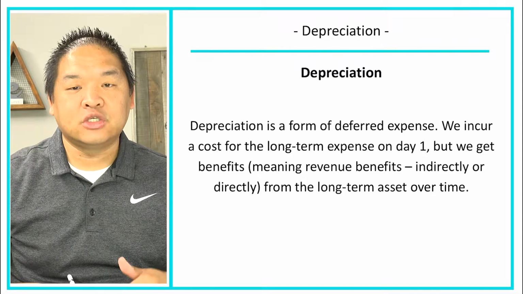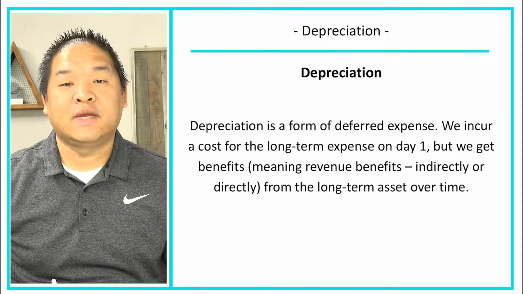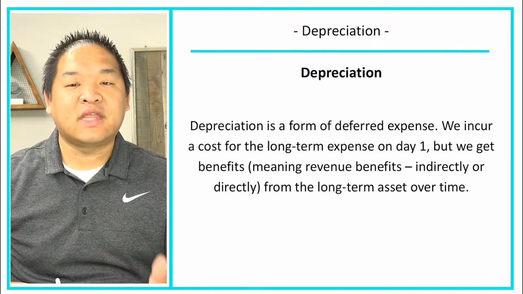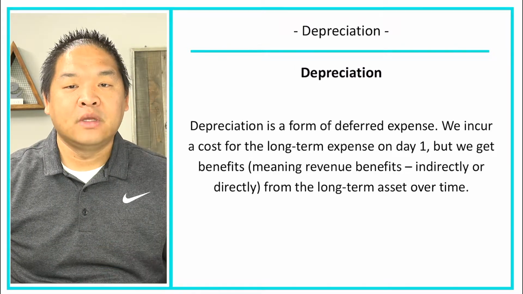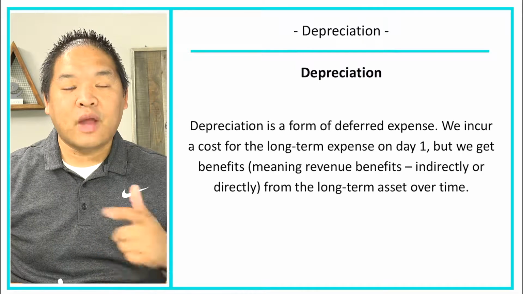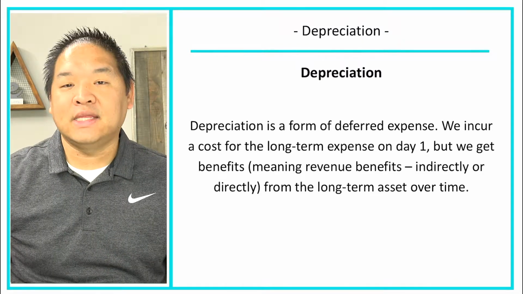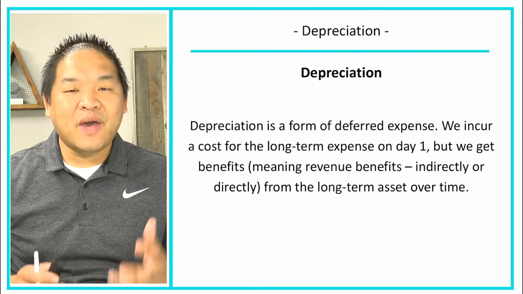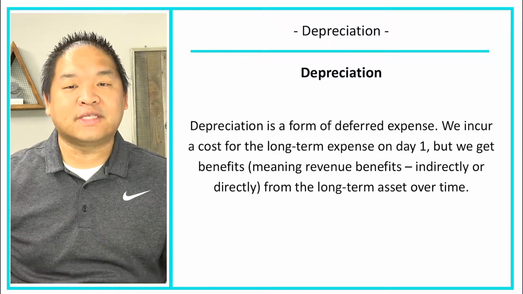So when we buy a delivery truck, for instance, we might have to spend $70,000 for it today, but it's going to give us revenues over 10 years. And so we are going to benefit from this asset over 10 years.